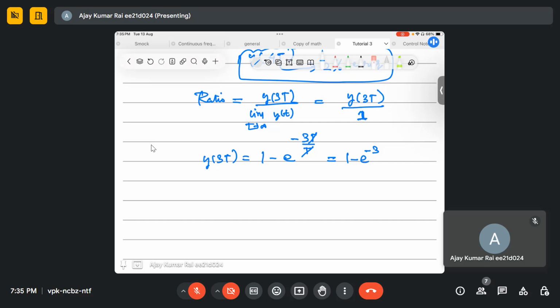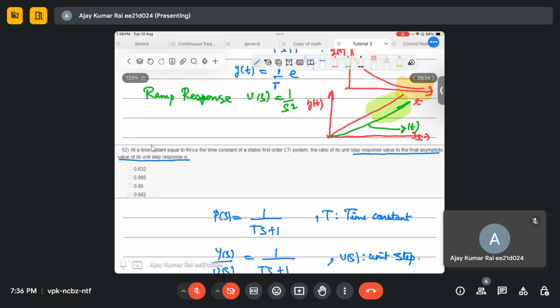1 minus e raised to power minus 3. Okay, it will be around 0.95, I think.